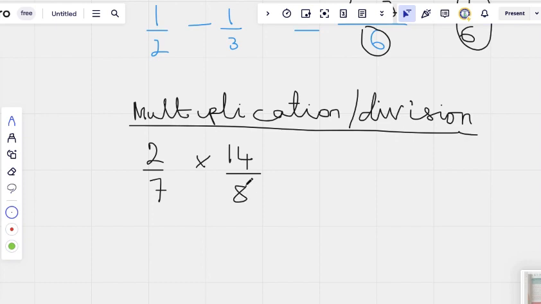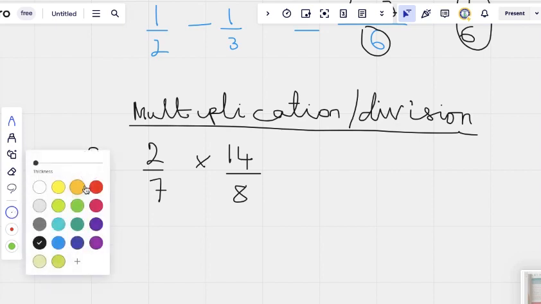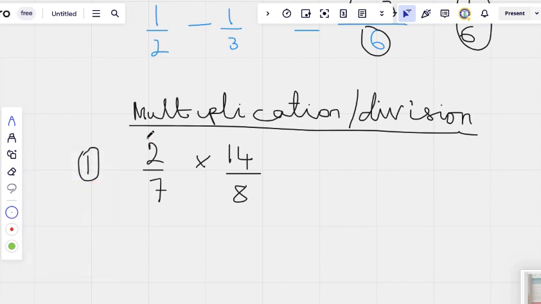If I have this, number 1, for multiplication, there are faster ways to do this if you don't want big numbers and you don't want to use a calculator. You can simply multiply the numerator by the numerator: 2 multiplied by 14, you get 28. So you write 28 on the numerator.